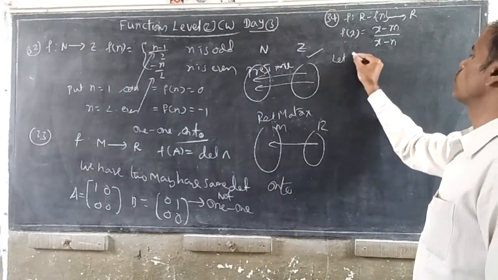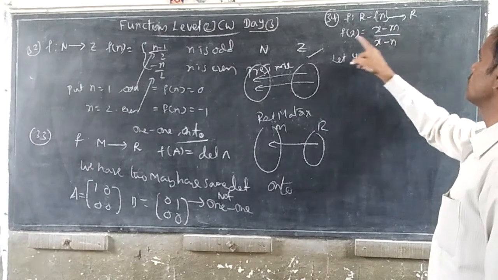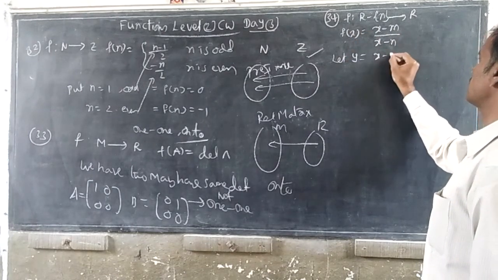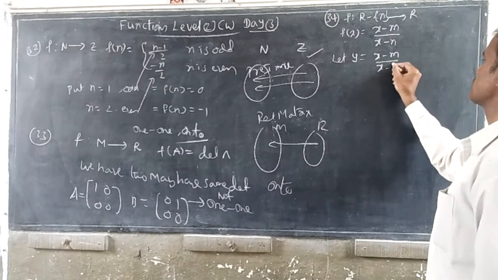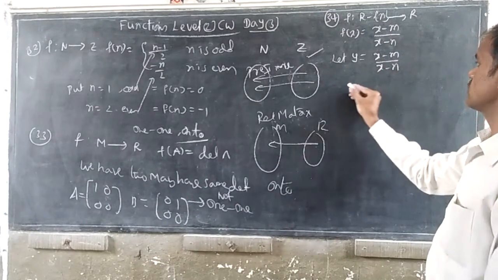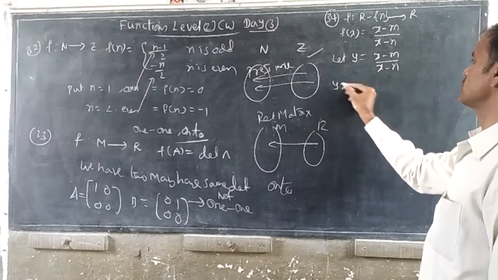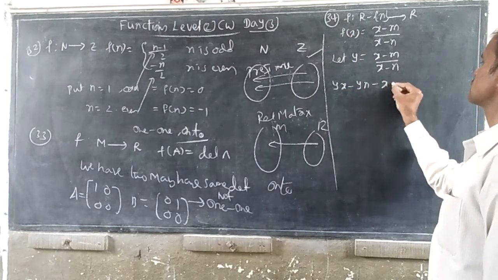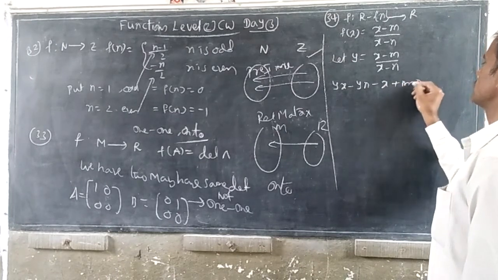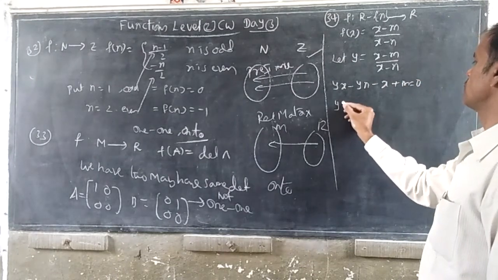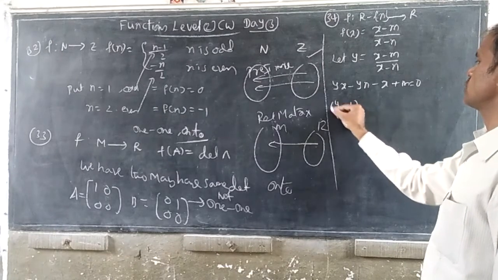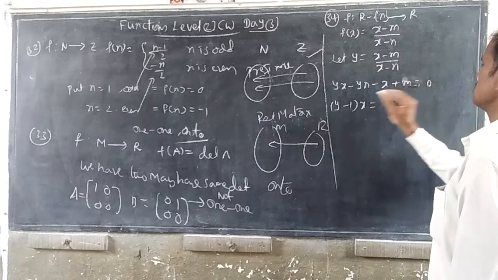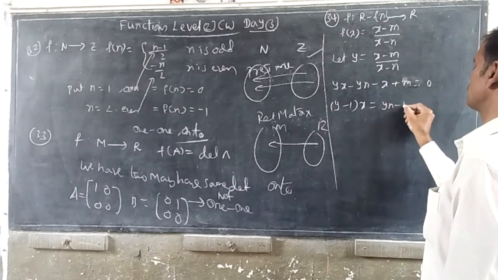Let y be equal to f of x, whenever f of x is given, you should consider like this. To calculate the inverse function, y is equal to x minus m by x minus n. Taking cross multiplication, yx minus yn minus x plus m equal to 0. Taking this side, y minus 1 into x is equal to yn minus m you can write.